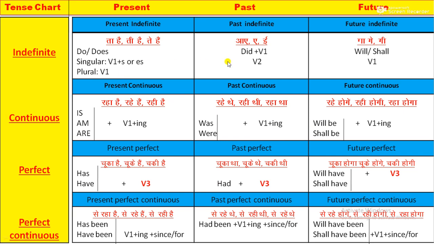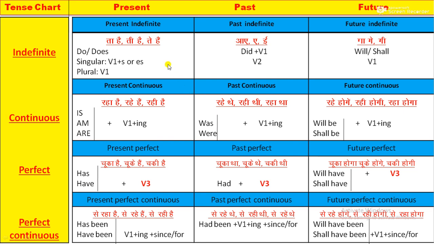So drives, drove, will drive, is driving, was driving, will be driving, has driven, had driven, will have driven, has been driving, had been driving, will have been driving. Then take some more verbs: sings, sang, will sing. Then again take another verb: cooks, cooked, will cook. Then we take one more verb.